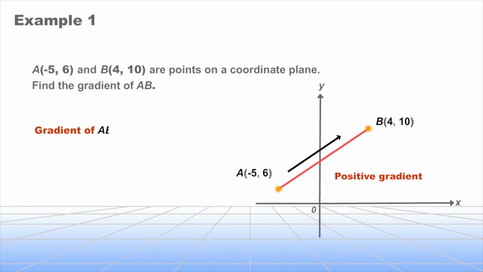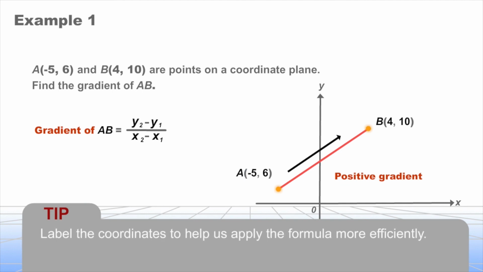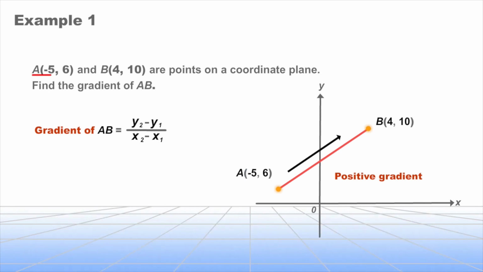Now, to find the gradient of AB, it is given by y2 minus y1 over x2 minus x1. As a good practice, we should label the coordinates to help us apply the formula more efficiently. For point A(-5, 6), we label -5 as x1 and 6 as y1.